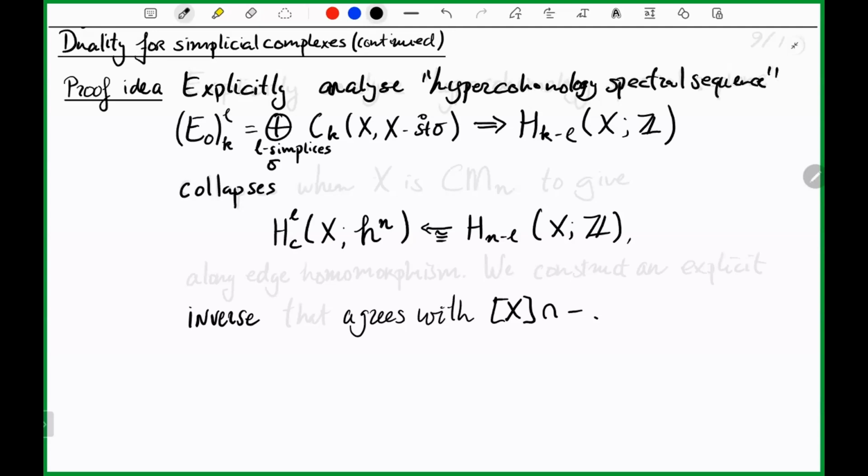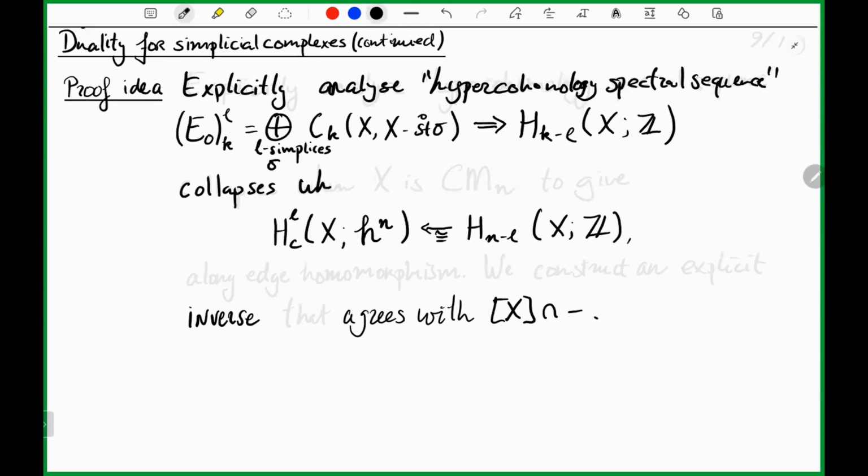So the way you set this up is you just take a double complex that you build by putting in degree KL the sum over all L simplices of the chain complex that computes the local homology at that simplex. It turns out that the homology of this double complex is just a homology space with coefficients set.